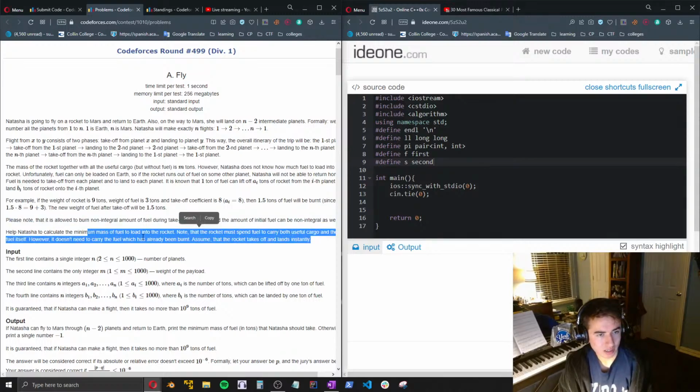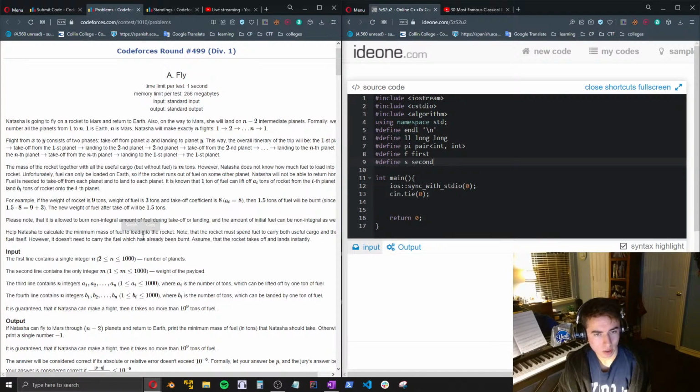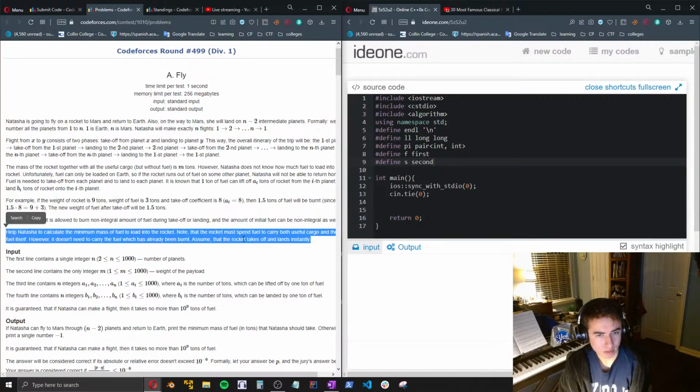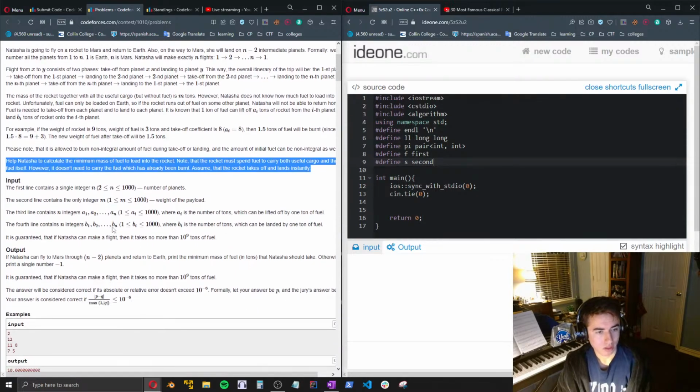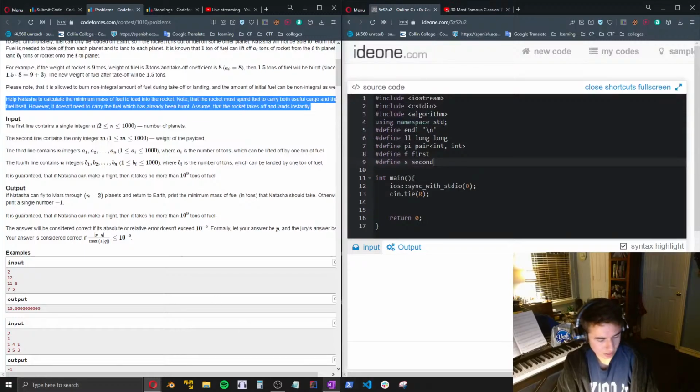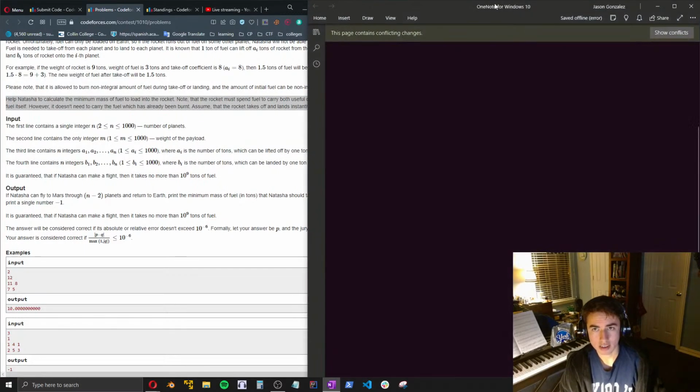Minimum mass of fuel to load in the rocket. Okay. That's a pretty long statement, but I hopefully understand it.